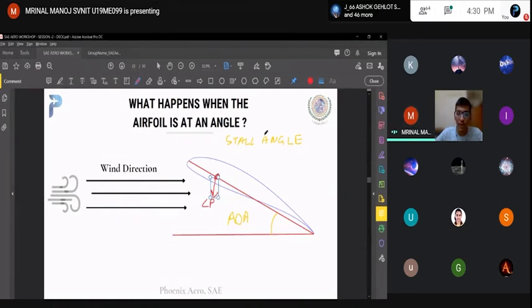Once again, I'll just get this stall angle out of the way. We know that the force that acts perpendicular to the flight is going to be called lift. So this is going to be the lift vector.